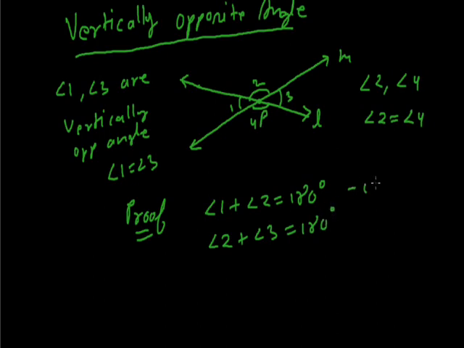So from these two statements, first and second, we can say that their RHS is equal, so LHS should be equal. We can say that angle 1 plus angle 2 is equal to angle 2 plus angle 3. So here angle 2 can be cancelled. We can say that angle 1 is equal to angle 3. So this is the proof that vertically opposite angles are equal.